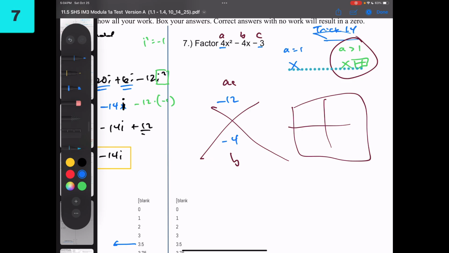B value is -4. You can list out all your factoring pairs and do only positives, smaller number on the right, bigger number on the left. So if I subtract them, I can see that I want them to be 4. Well, if I want them to multiply, it'd be negative. So one of them has to be negative, but when I add them together, the bigger number must be negative. So remember, -4x is split between these, which means I'm going to add an x there.